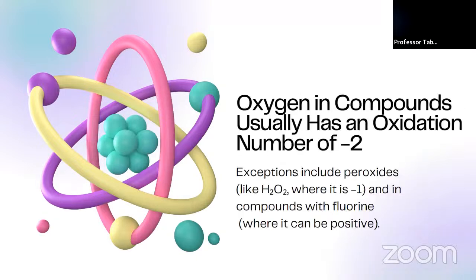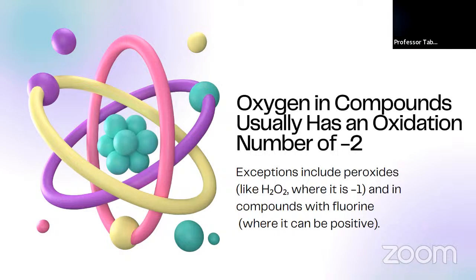Another rule is that oxygen in compounds usually has an oxidation number of -2. So if you have a formula like peroxide, H2O2, okay, then oxygen would not be -2; in this particular example it would be -1.